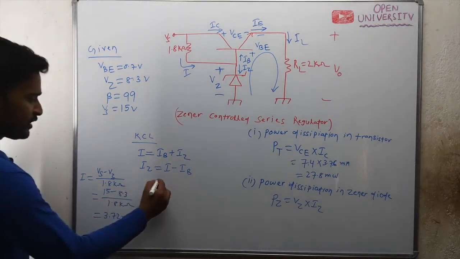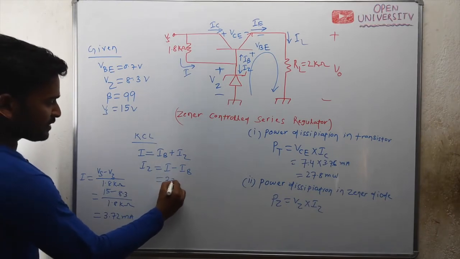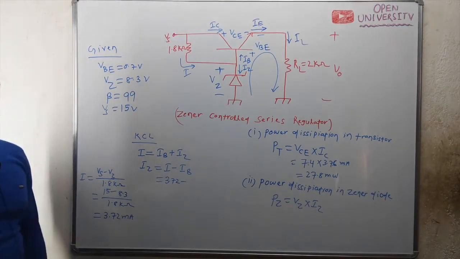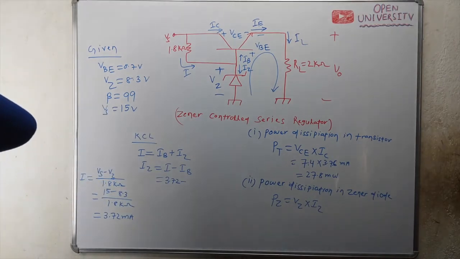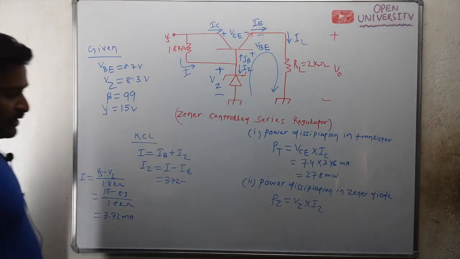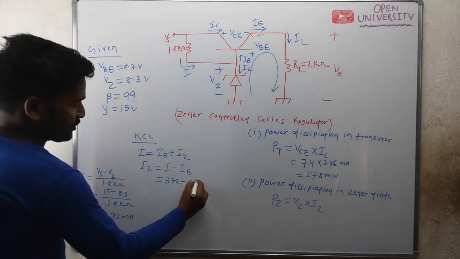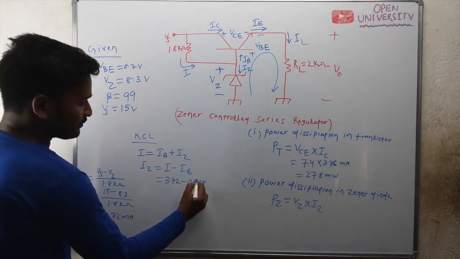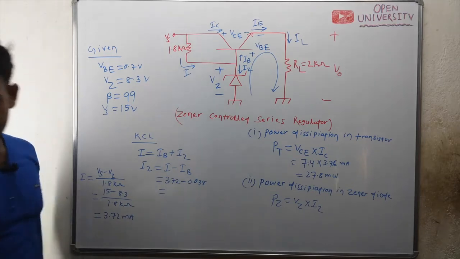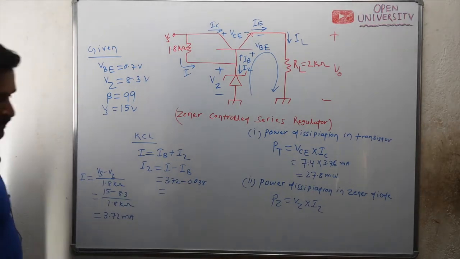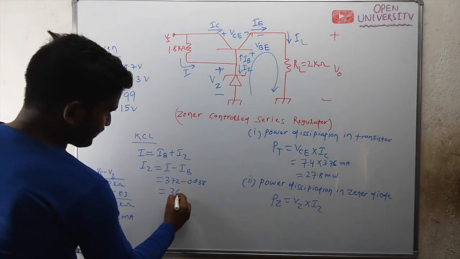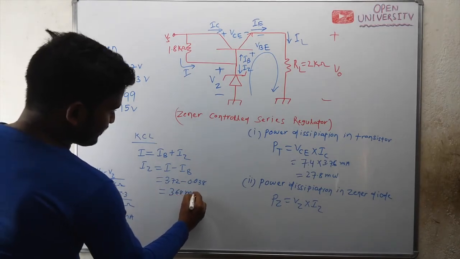If you substitute here, I is 3.72 milliampere minus IB. IB we calculated; IB was 0.038 milliampere. Then IZ will be 3.68 milliampere.